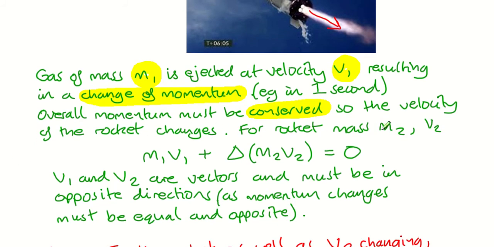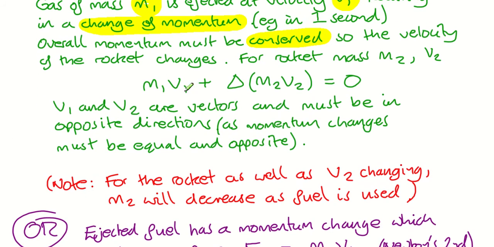I said if your rocket's mass is M2 and V2, then the overall change in momentum has got to be 0. So I've said, M1 V1, the momentum change caused by the exhaust gases coming out the back, summed up with the change of momentum of the rocket will be 0. So that means that one and that one are equivalent, but they're in opposite directions. So you've got V1 and V2.